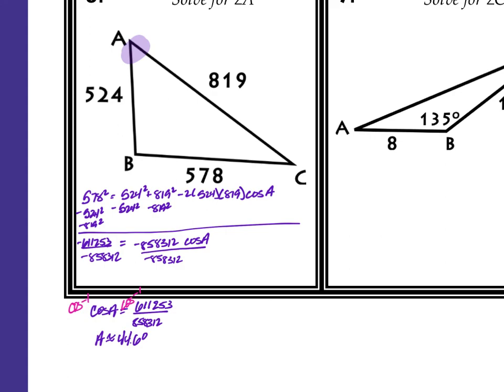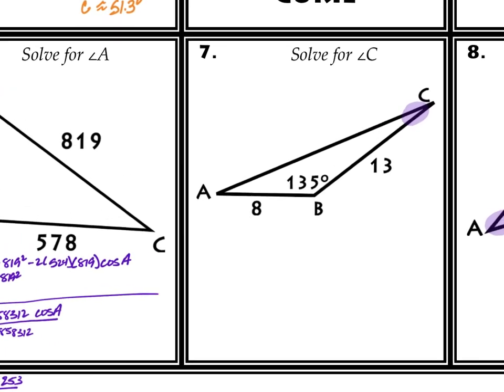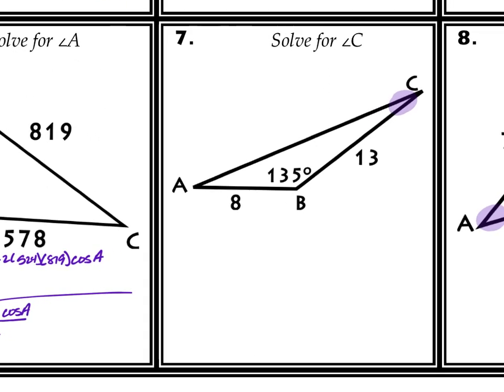Okay. So now we're going to go look at 7, and we have to do a couple things first to it. So in order to find angle C, I need to know the other side. I need to know side B. So I have to know all 3 sides. So I'm going to find side B first.